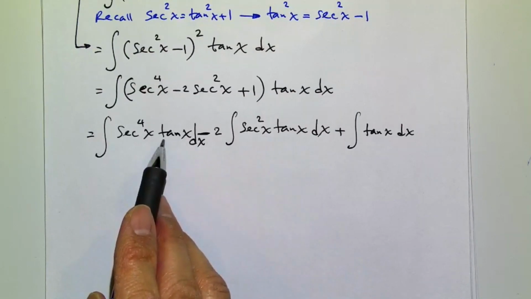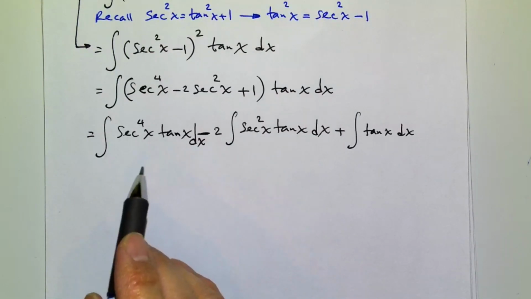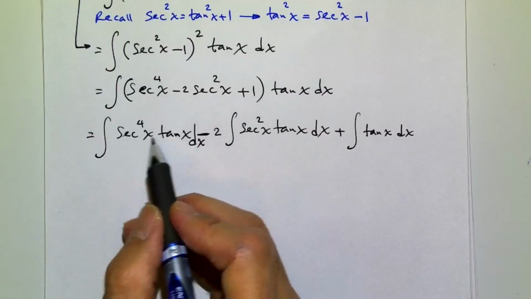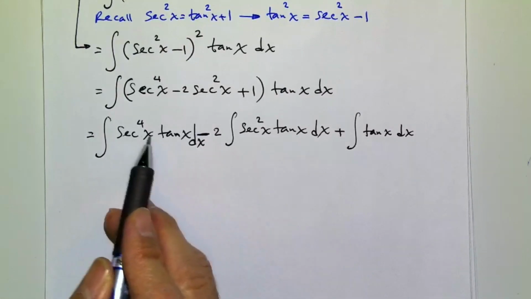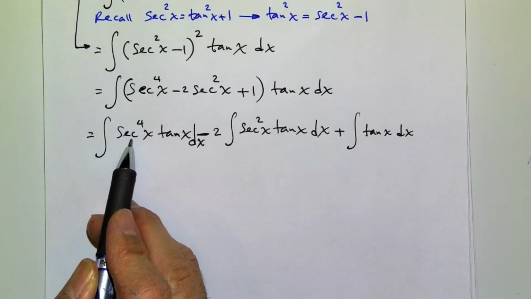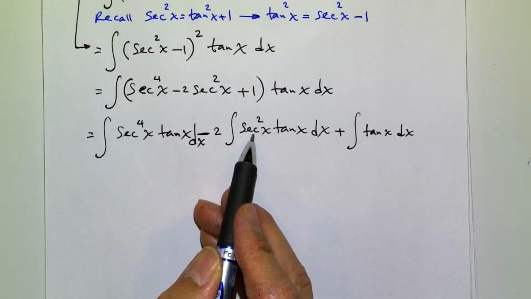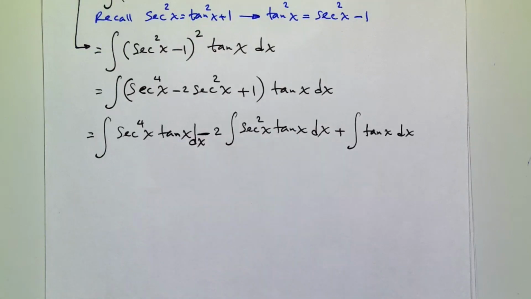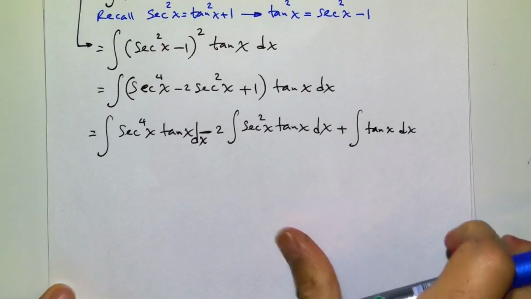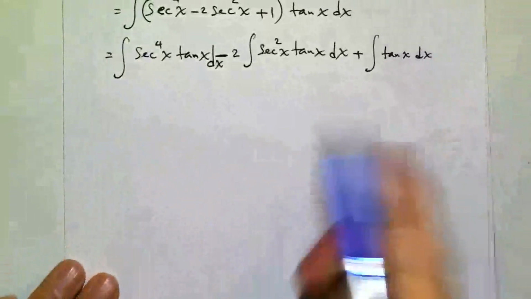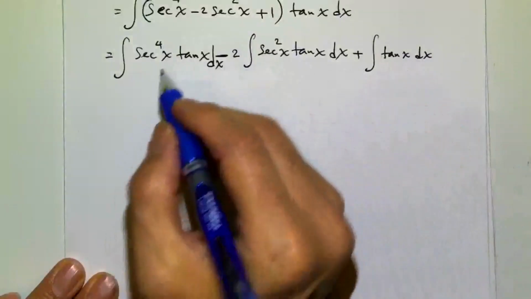Okay? So let's see how we can make use of that. But for now, I just want you to note that. We have even power of secant x times tangent x, even power of secant x times tangent x. Okay? So now, let's use substitution for both of these, not for that.